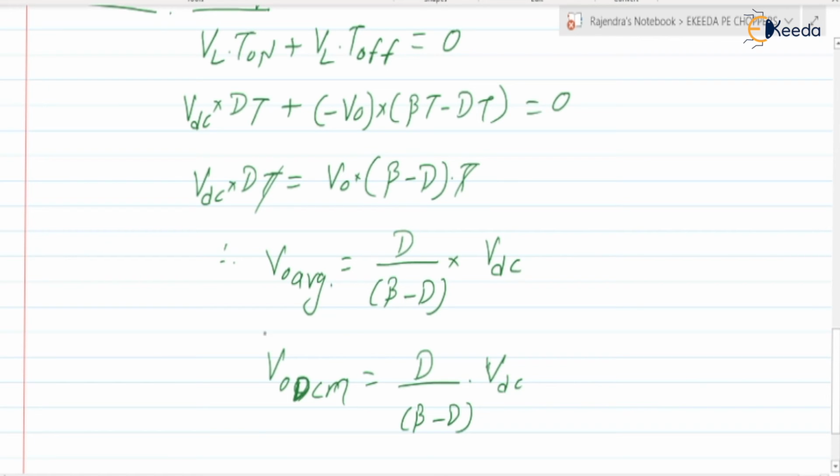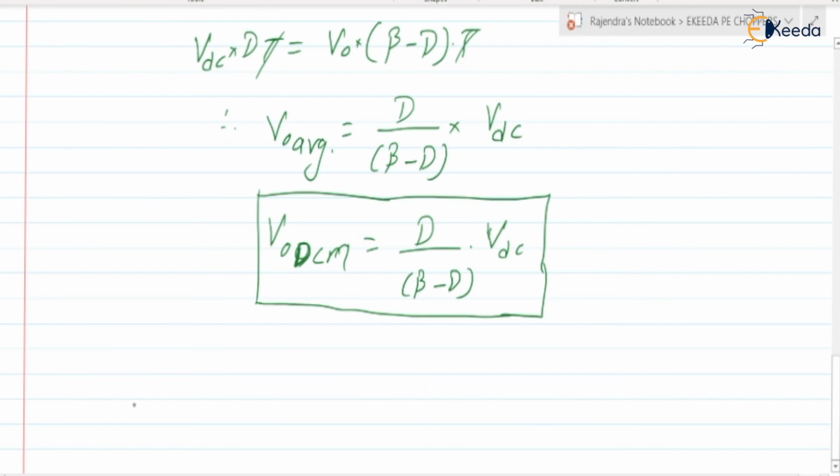Whereas if you check the continuous conduction mode, the expression is V0 in continuous conduction mode equal to d upon 1 minus d into VDC.